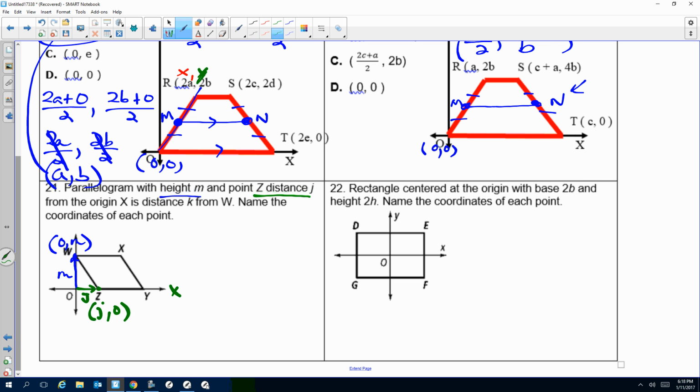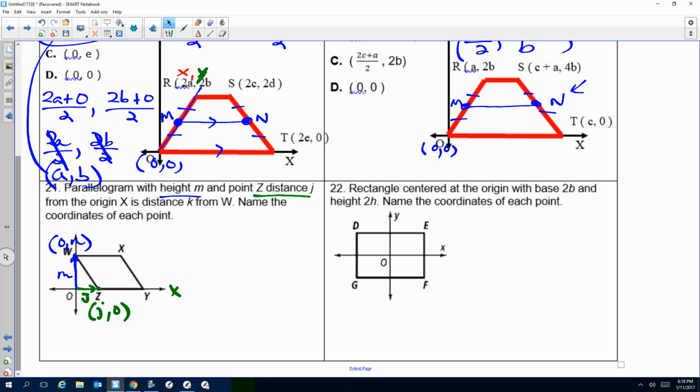Now, from the origin, X is a distance of K from W. Okay, so K from W is a distance of K. Where is that? I need a different color.